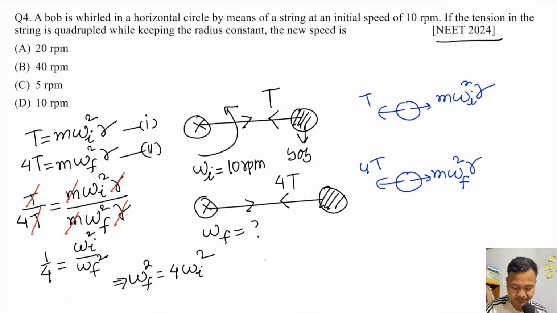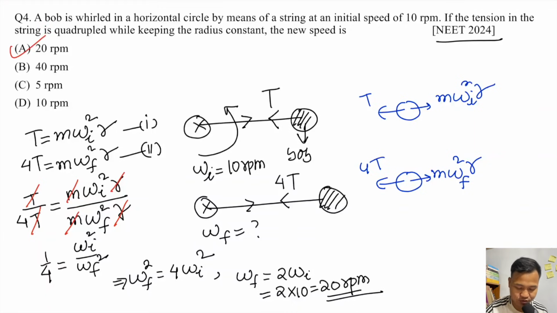So 2 into omega initial, which is 10, is 20 rpm. So your answer is 20.